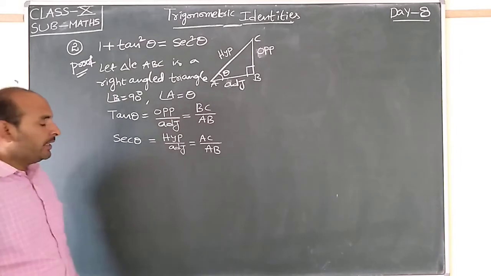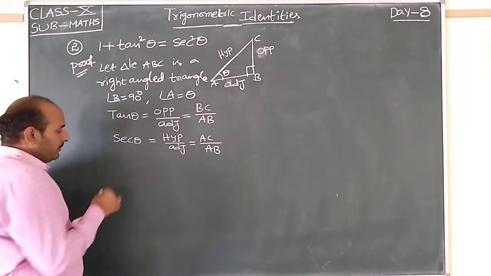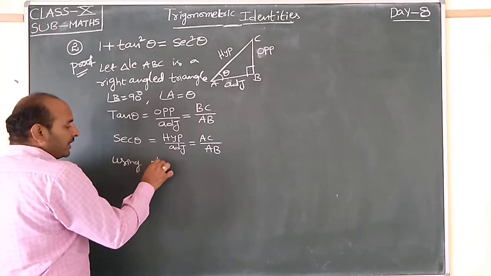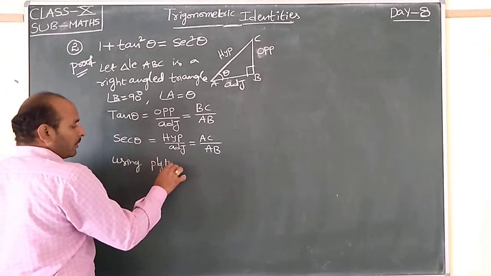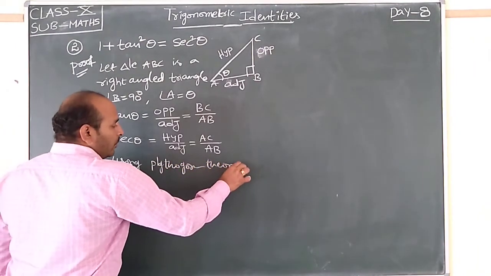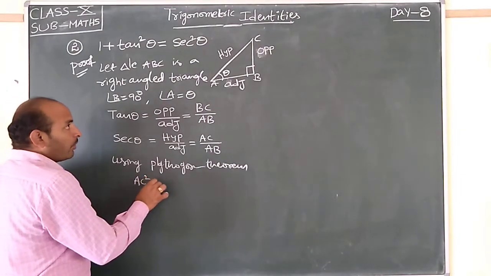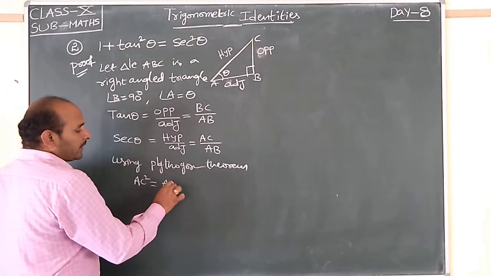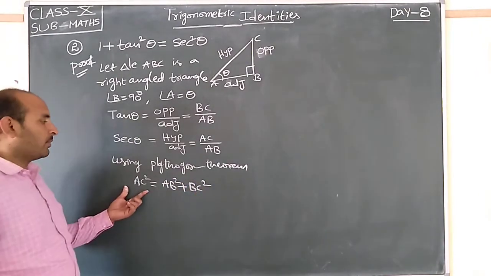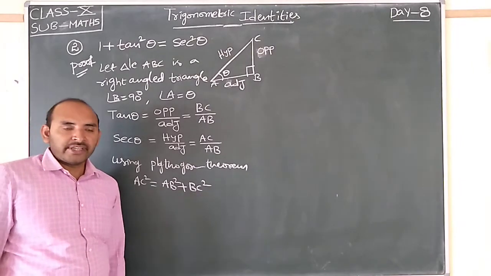So clearly you can use the Pythagoras theorem. What is the Pythagoras theorem? AC square is equal to AB square plus BC square. Hypotenuse square is equal to the sum of the squares of the other two sides.